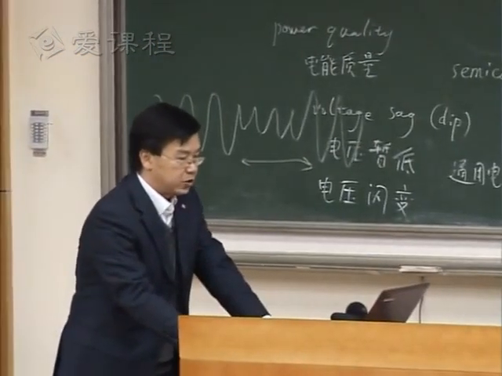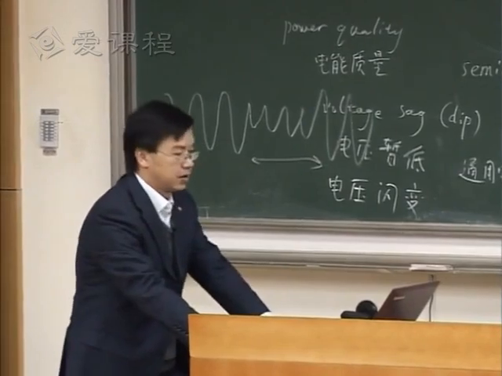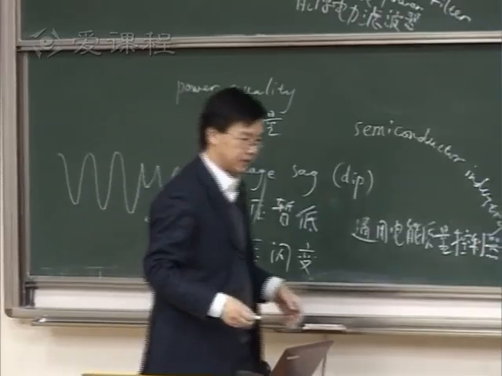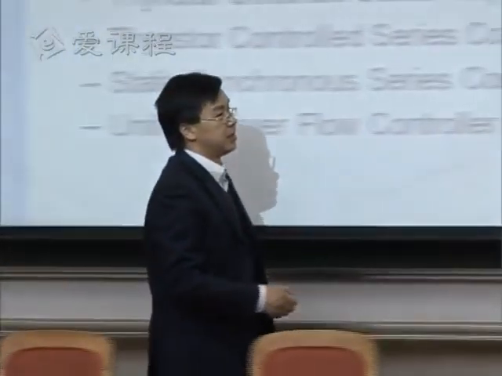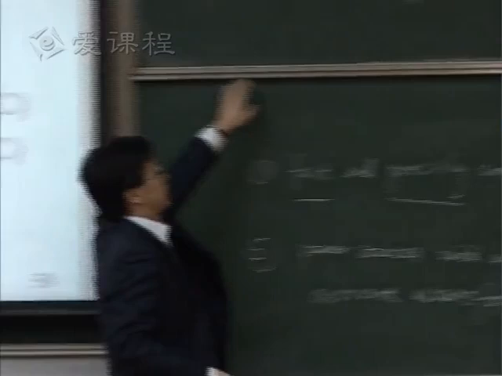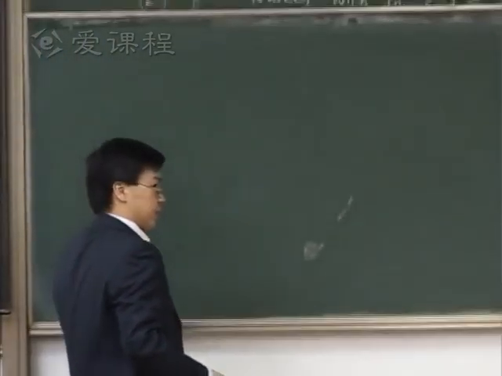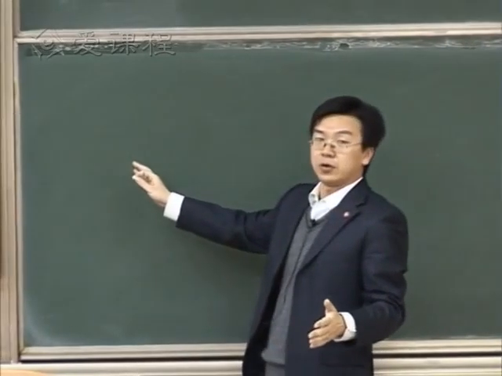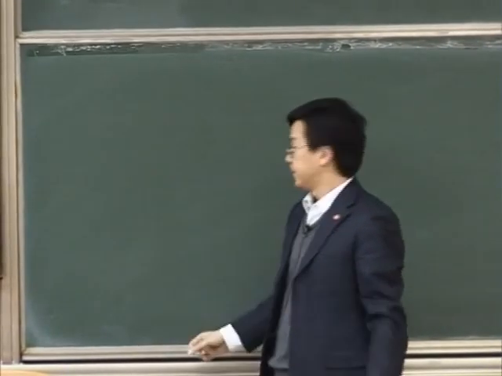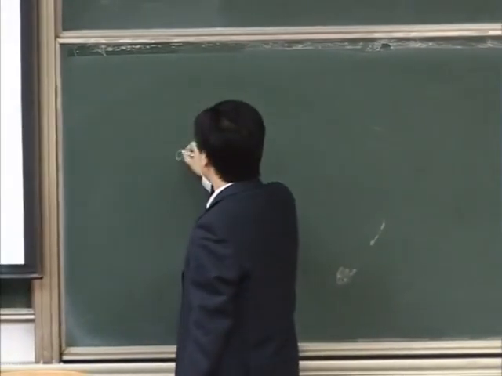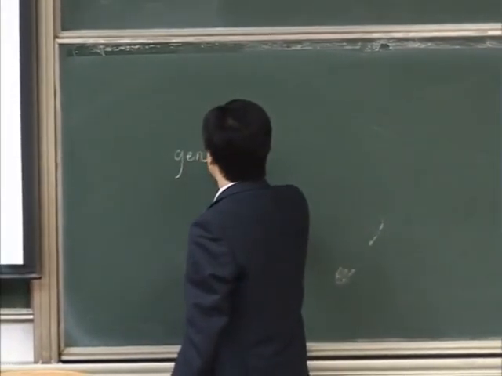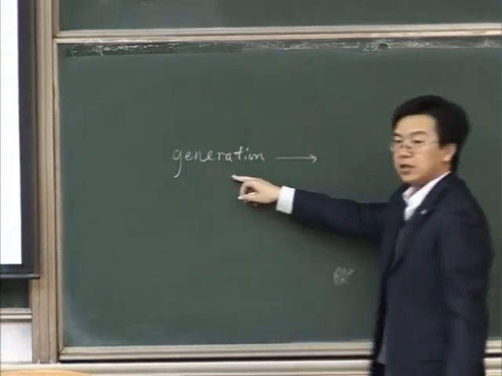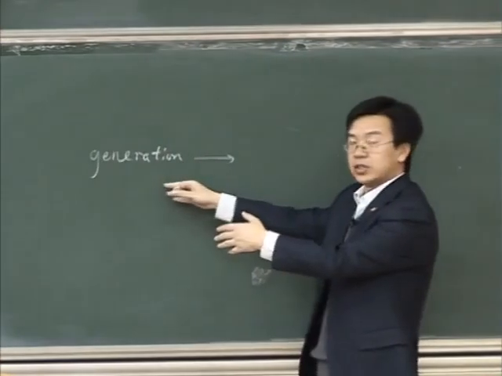Either in transmission, if you look at the power system or electric utility, I'm not sure whether you have this idea already or not, you usually have four stages of the system. First, you have to generate. Once you generate the electricity, you have to transmit.